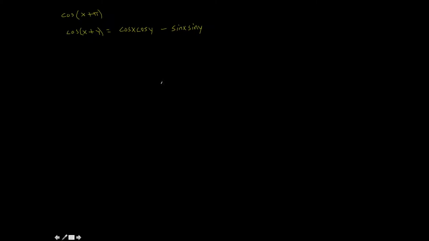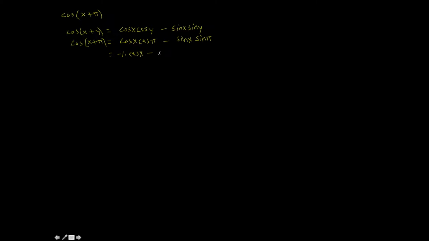Okay, so cosine of x plus pi is what we have here. So this is going to be cosine x cosine of pi minus sine x sine of pi. Okay, well, again, cosine pi is negative 1, so that's negative 1 times cosine x.